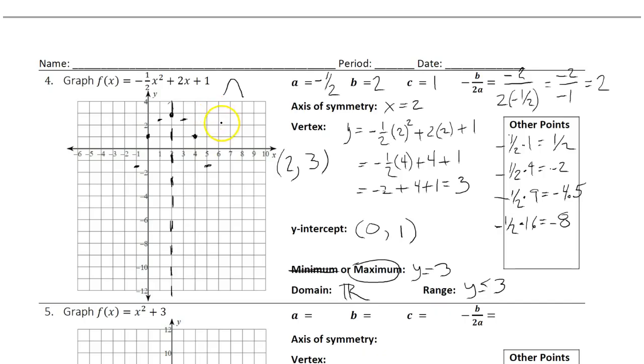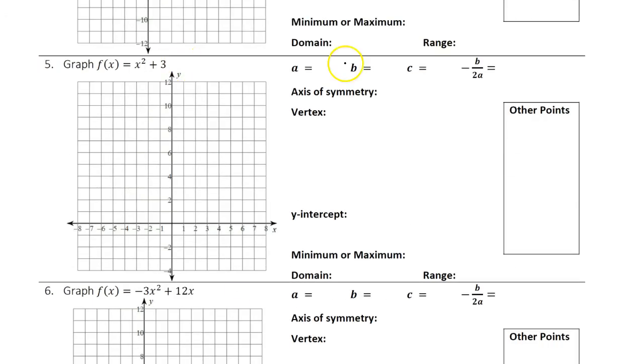Go over 4 and down 8. -1/2 times 25 is -12.5. Go over 5 and down 12.5. Draw a smooth curve.